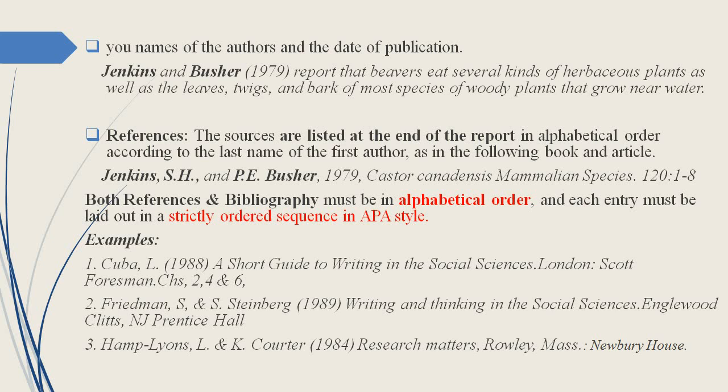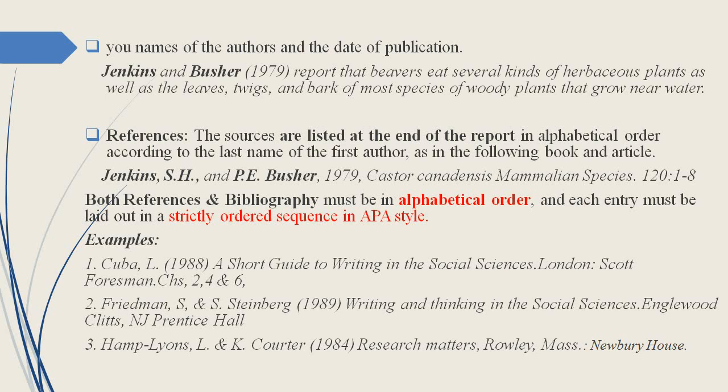And if we see the references, the sources are listed at the end of the report in alphabetical order, according to the last name of the author, as in the following book and article. If you want the citation at the end of the paragraph, then in this format, first the statement should be there, like in this example.